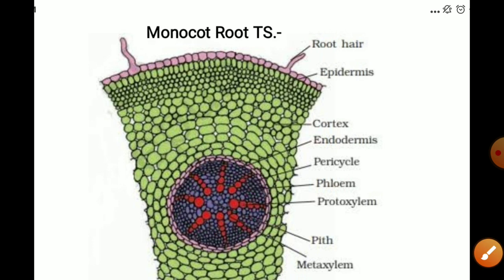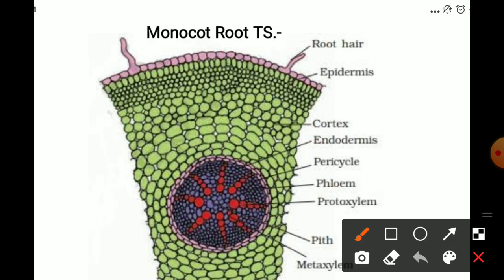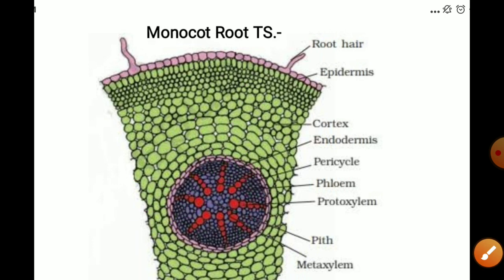So here in the transverse section, the xylem is arranged on this radius, the phloem on this radius, succeeding xylem on this radius, phloem on this radius, and so on. This is how the xylem bundles and phloem bundles are arranged on different radii.